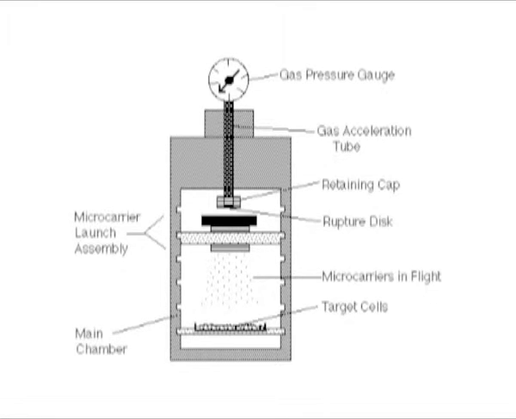For plant cells, 1100 psi pressure, 1 centimeter distance between the rupture disk and the stopping screen, and a microcarrier flight distance of 12 centimeter generally gives good transformation frequency, but it is advisable to optimize the conditions for transformation of each plant species.